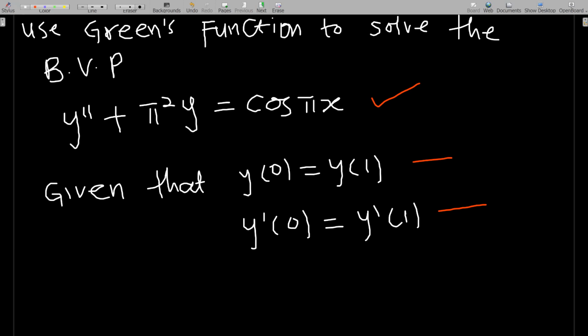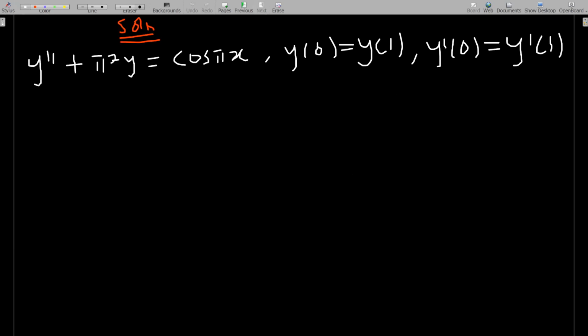Now indeed they've asked us to use Green's function. We should at the same time go ahead and solve the homogeneous part. But before that, let me write this in the general form.